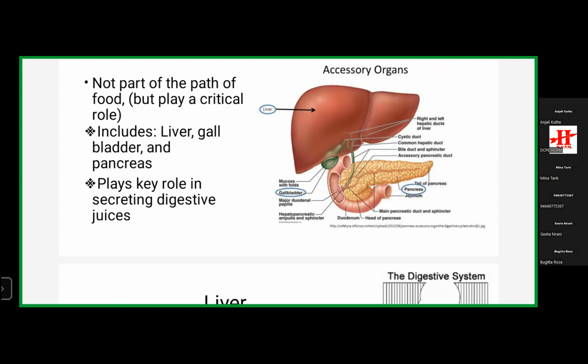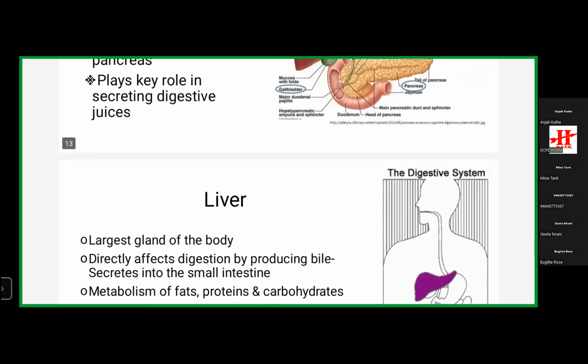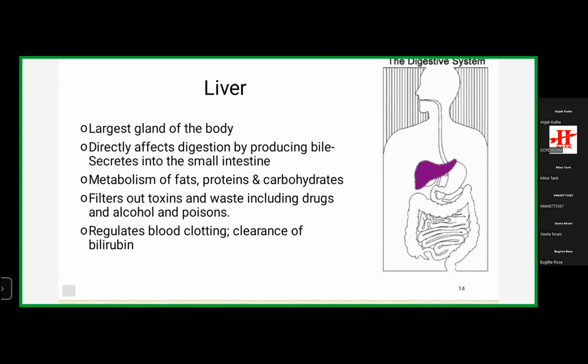Also, the liver plays a very important role in removing toxic matter. Continually, metabolic processes are going on inside the body and waste materials are formed. These materials, certain byproducts and toxins, are very harmful substances and they must be removed from time to time, and the liver plays a very important role in removing all these toxins.